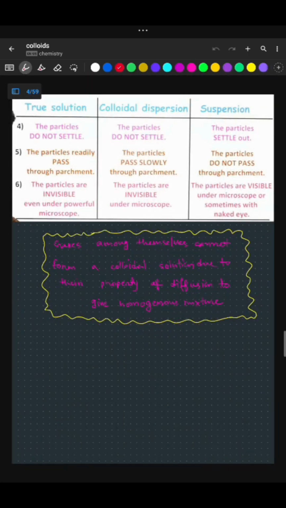Then in true solution, the particles do not settle, and what not settling means is that it does not create any precipitate. It does not create any precipitate in colloidal solution as well, but suspension creates precipitate definitely.